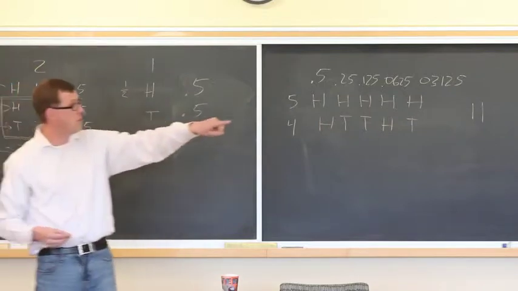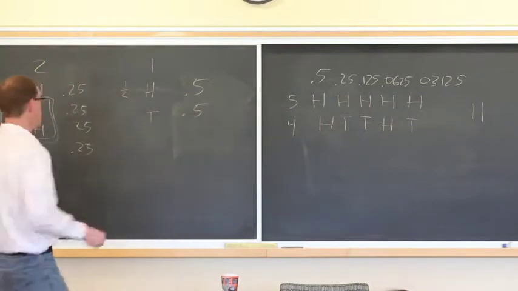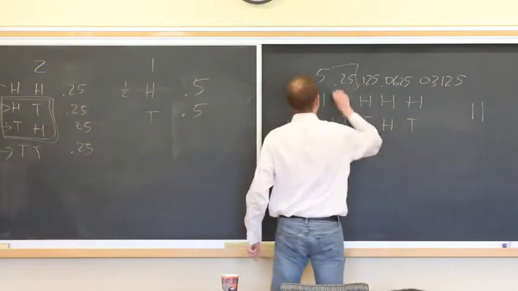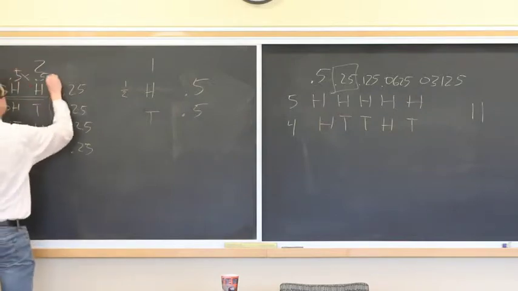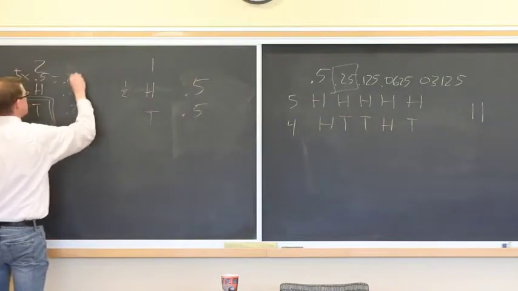But he mentioned multiplying probabilities earlier, right? Notice that the second thing he said was 0.25. So there's a 0.5 chance that we're going to get a heads, and a 0.5 chance that we're going to get a heads. We can multiply these together, and it will equal 0.25.